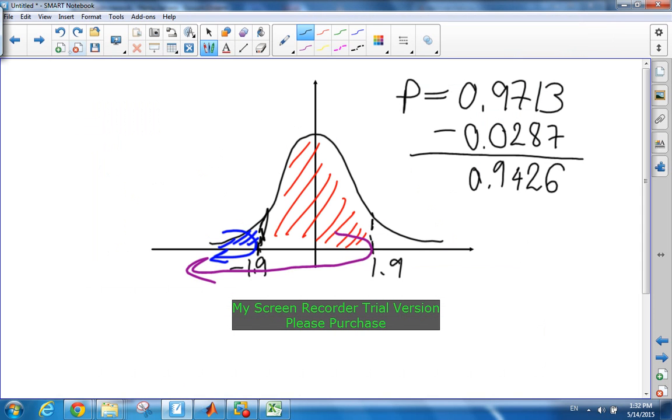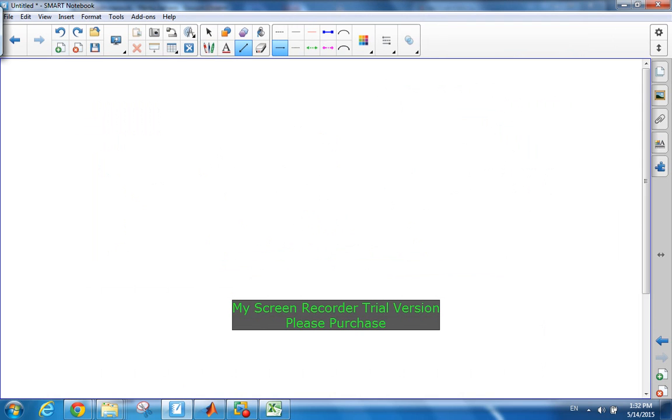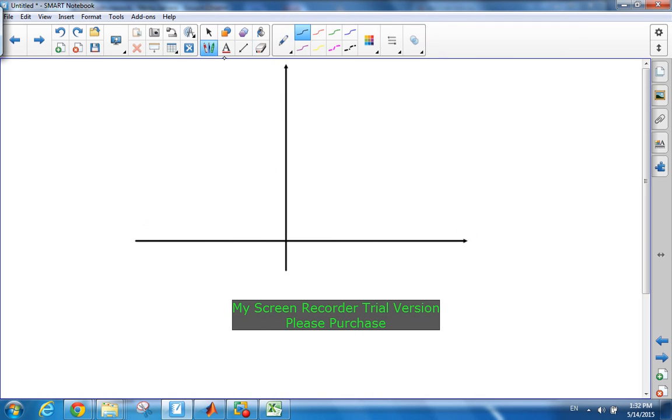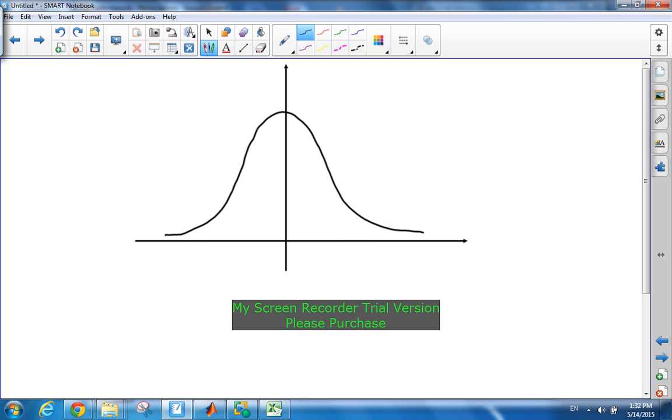So again we can sketch a normal distribution to see what's going on. And now 2.2% of thermometers show higher readings.